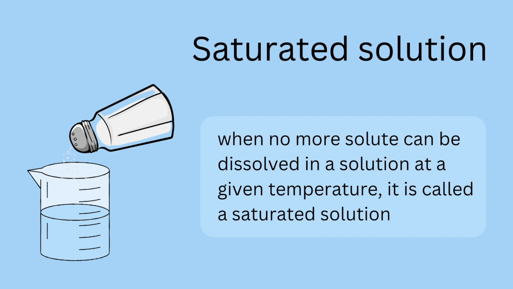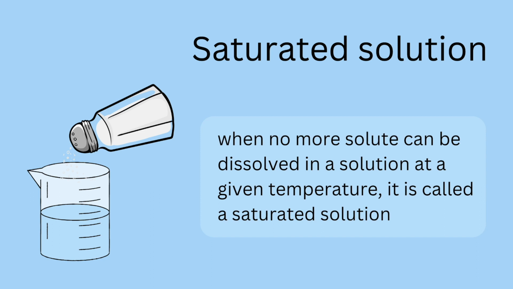A saturated solution is one of the terms that we saw in concentrated solutions. What it means is that the maximum amount of solute that can be dissolved in a solvent at a given temperature has been attained. Meaning that at room temperature, let us say we have 50 ml of water.